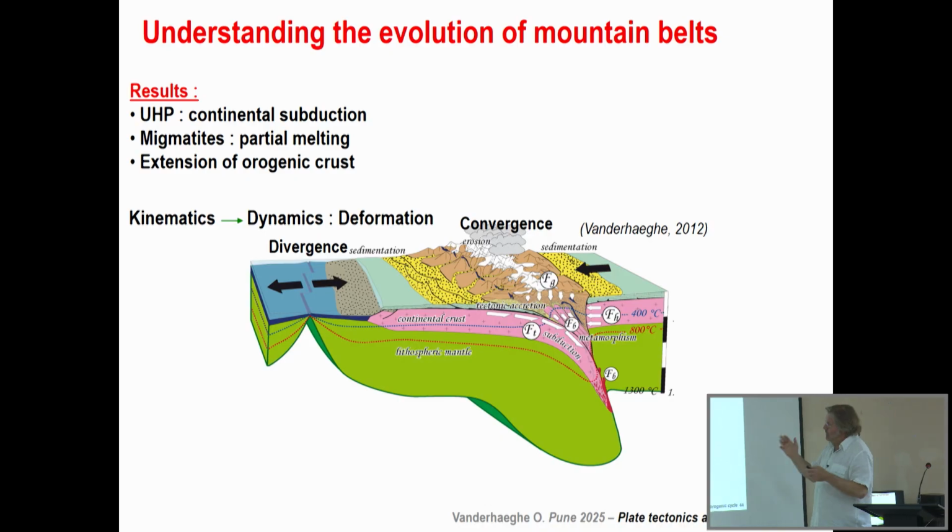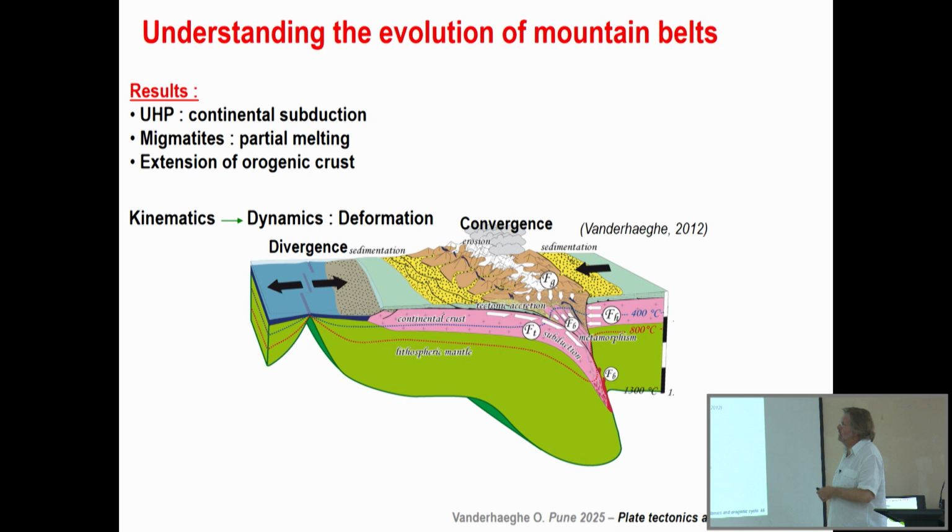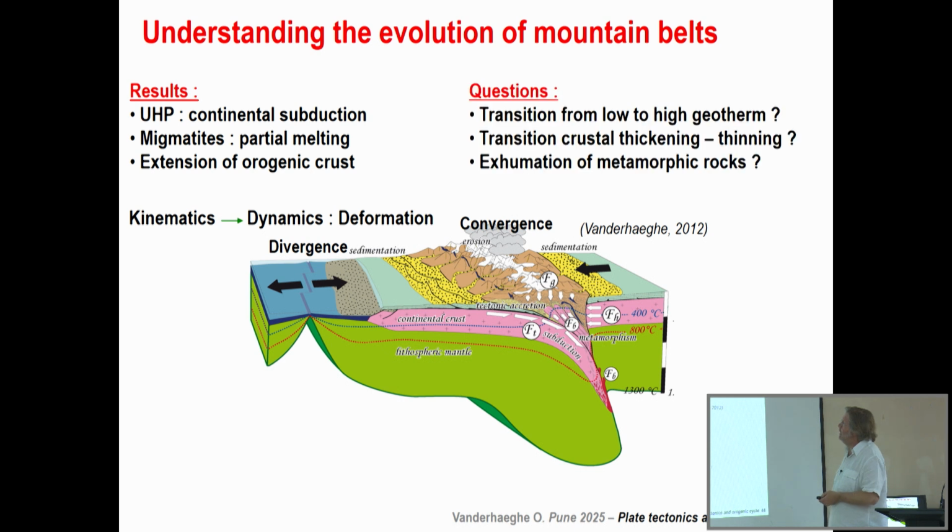Okay, so that's the second conclusion, the conclusion of the second part. So if you want to understand the evolution of mountain belts, we need to integrate results such as ultra high pressure rocks, migmatites, extension of orogenic crust, that will allow us to address the question of transition from low to high geotherm, the transition from crustal thickening to crustal thinning, and then the process of exhumation of metamorphic rocks.